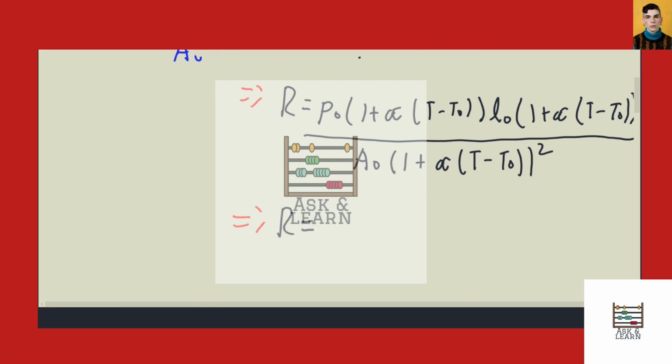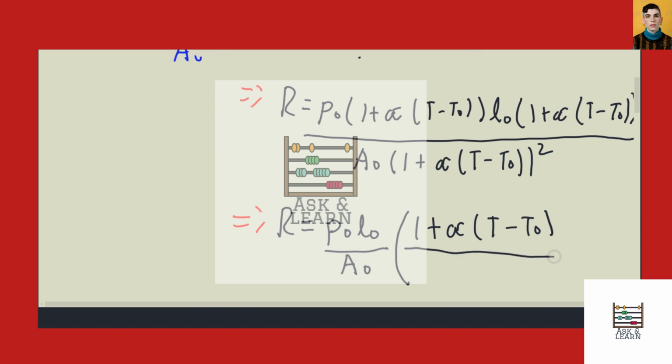So we get that R is equal to rho naught times L naught divided by A naught, all multiplied by 1 plus alpha times T minus T naught divided by 1 plus alpha times T minus T naught.